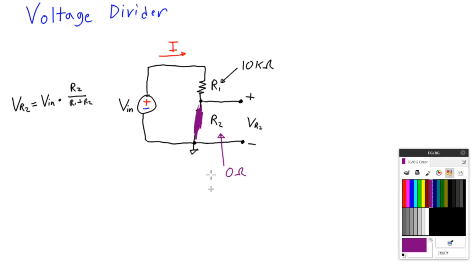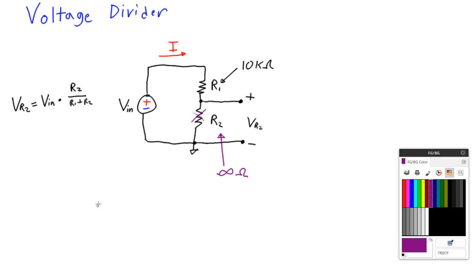Now let's look at the other extreme. Let's look at if R2 was infinity ohms, a lot of resistance, or essentially saying that there's no resistor here, but there's also no wire. It's an open circuit. Let's see what this voltage, or VR2, would be. Once again, you might be able to intuit what that might be, but let's use our voltage divider equation.